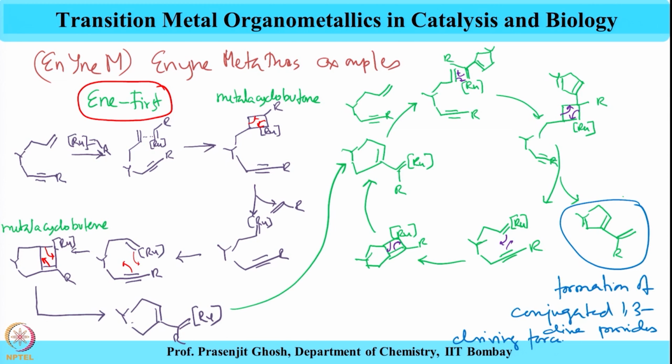Now, what we had seen is that this enyne mechanism is quite complex, and it involves a number of steps in which the first is that the metal carbene complex proceeds with the ene first mechanism, where it does not attack the alkyne, but attacks the olefin first, and then it undergoes a metallocyclobutane intermediate.